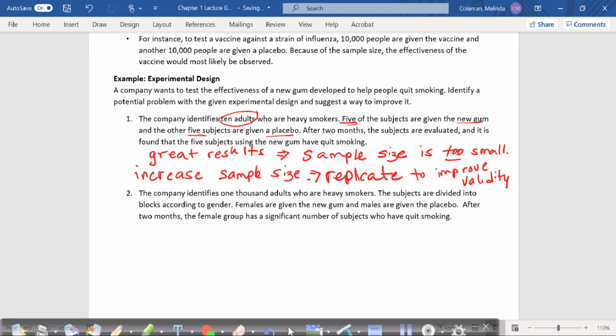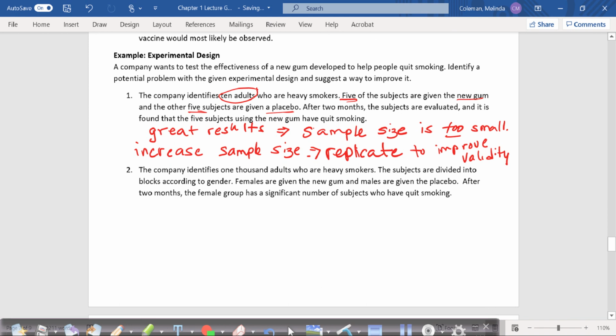All right. Second example says, the company identifies 1,000 adults who are heavy smokers. So that's good. That's getting us a little bit more adults involved. So now we're up to 1,000. The subjects are divided into blocks according to their gender. Females are given the new gum and males are given the placebo. After 2 months, the female group has a significant number of subjects who have quit smoking.